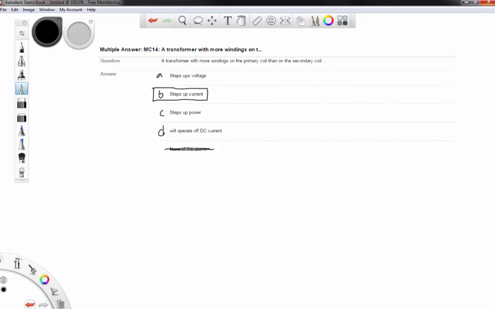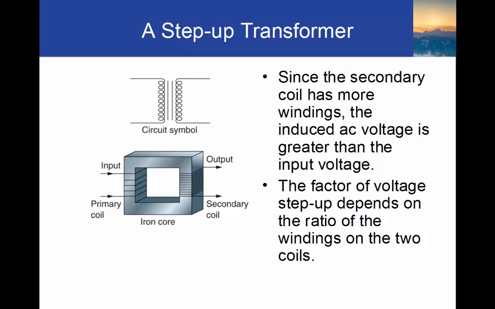Let's take a look at our notes to find out. If all you did was look at the notes, it may be a little difficult to answer this question. This is the slide for a step-up transformer, with a diagram showing the primary coil with fewer windings and the secondary coil with many windings.